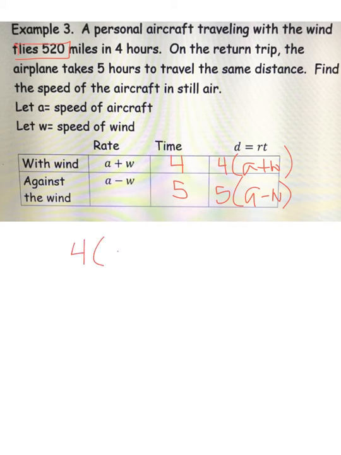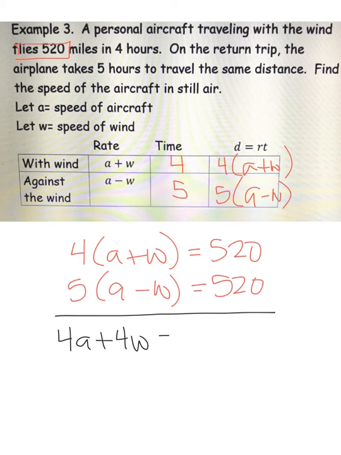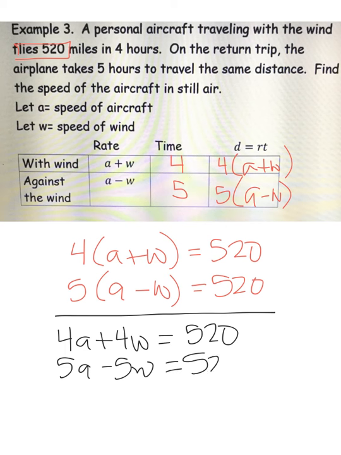So 4 times the quantity A plus W has to equal 520, and 5 times the quantity A minus W has to equal 520. So the first thing I'm going to do is distribute. 4A plus 4W equals 520. 5A minus 5W equals 520.